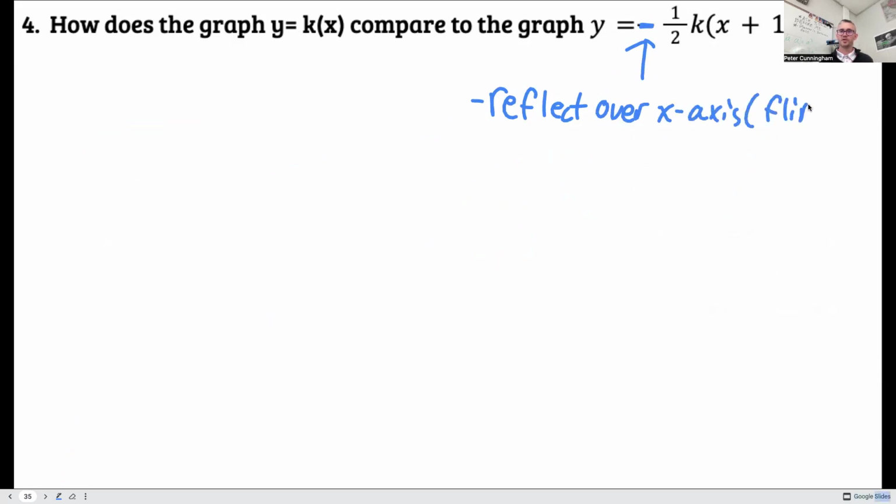We've used the word flip a lot with that. I'll just put each transformation in a different color. The +1 here, I know I'm skipping the half. I want to come back to that in a second. Okay, the +1 is going to move me to the left 1.